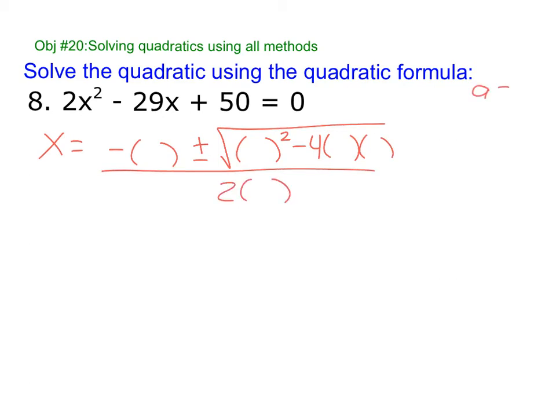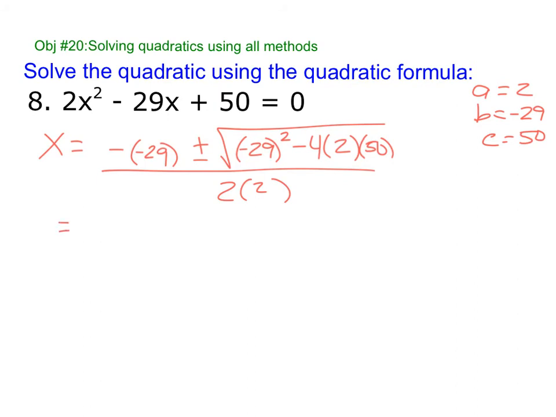Now in this case, our a is 2, b is negative 29, and c is 50. All right, so negative b, negative 29, be careful there. Negative 29, a, c, over 2a.